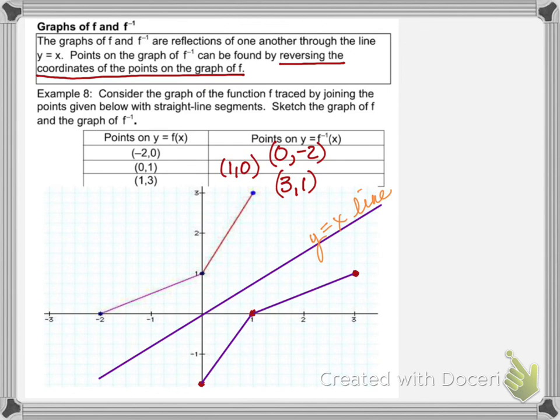Inverse graphs reflect over this y = x line. Literally you can fold your paper on that line, y = x, and this graph will become the other one and flip over that line. In reality, we probably should have made a dashed line of that y = x line.